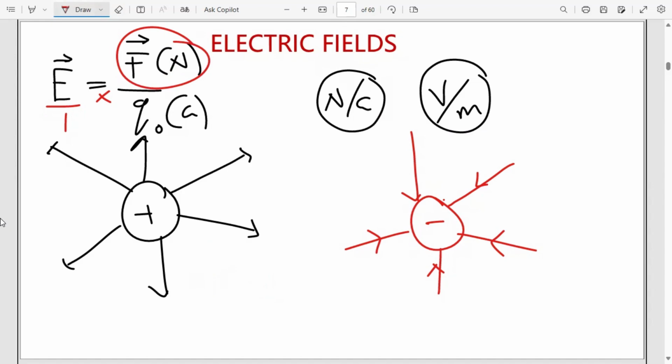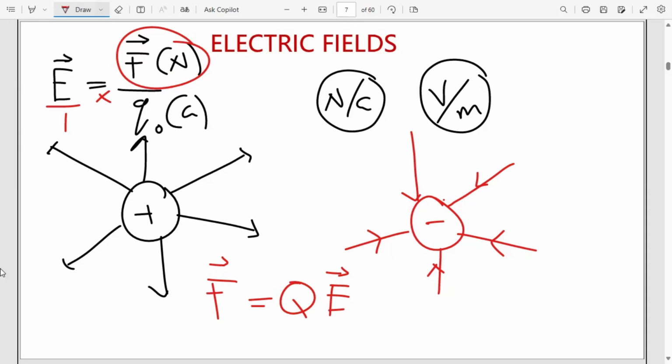I'll say over one, then cross multiply, and we get F, the force on a charge in an electric field, being equal to q multiplied by the electric field strength, E. So this is how we can calculate the force on a charge in an electric field.